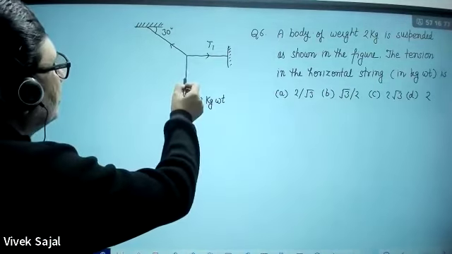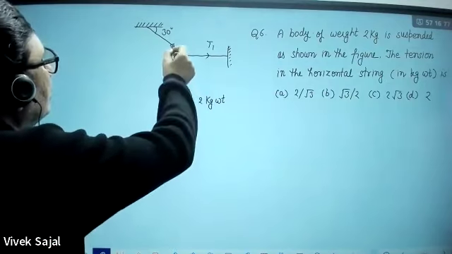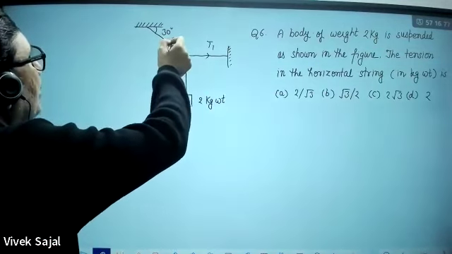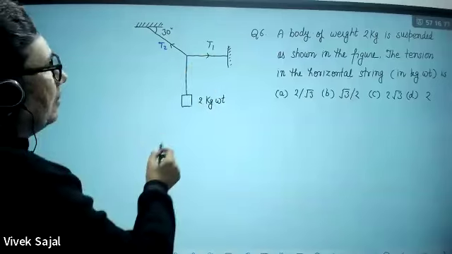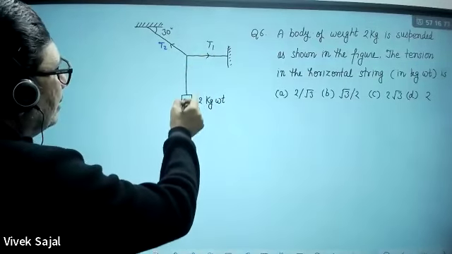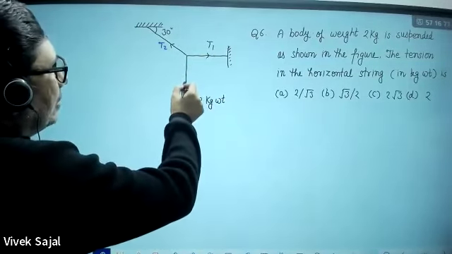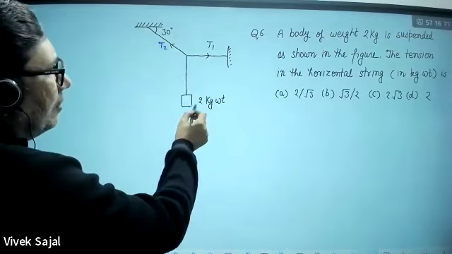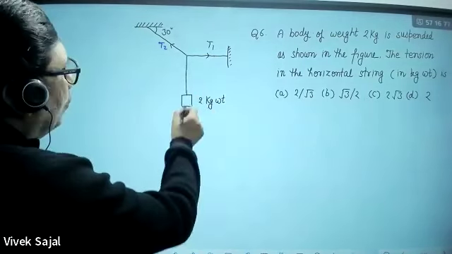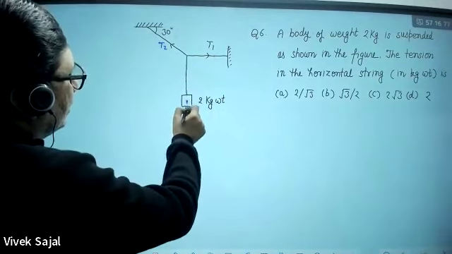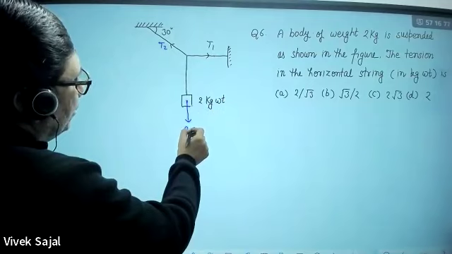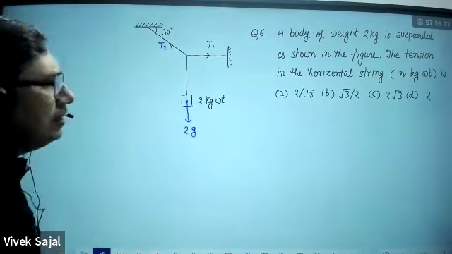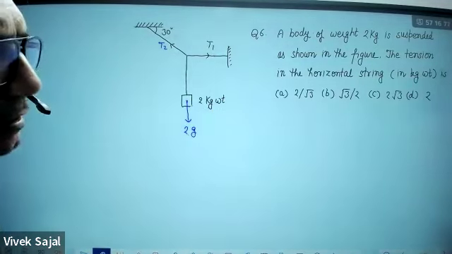So try to understand here. In this direction, I am assuming this tension is T2, this is T1. Whatever tension is there will be equal to the 2 kilogram weight, or 2mg. So in this direction, 2g is acting, where g is gravitational acceleration.